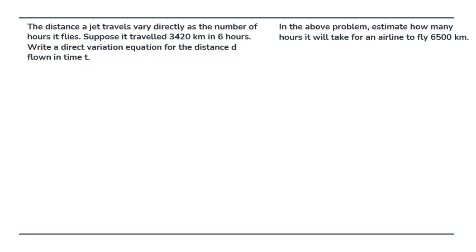In these examples, let's look at these examples. The distance a jet travels varies directly as the number of hours it flies. Suppose it traveled 3,420 kilometers in 6 hours. Write a direct variation equation for the distance d in time t.